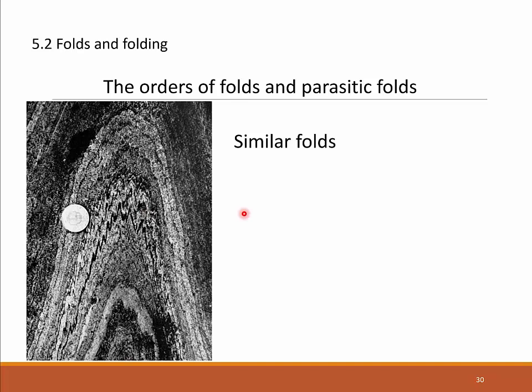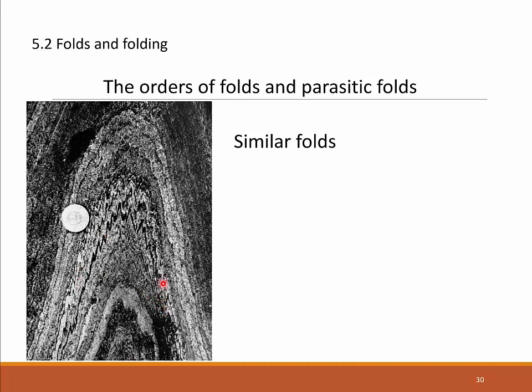Here we see an example of two orders of folds. We see a similar fold that follows here an antiformal shape, but some of these layers also form smaller scale folds. In particular, the thin black layers show that here are some asymmetric folds on the one limb.